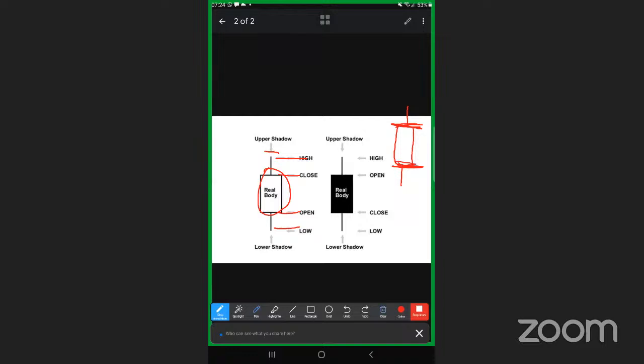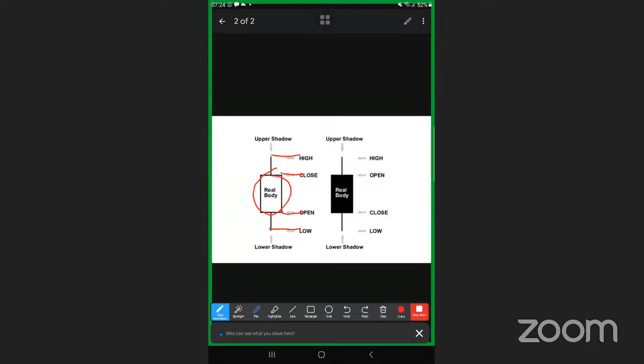That's why when they ask you what you learned today, tell them that we have learned about the parts of a candlestick. It consists of the open, the close, the high, the low, as well as the body.